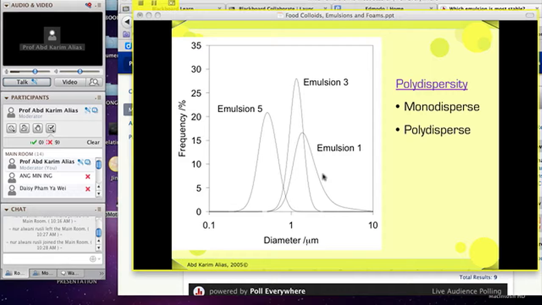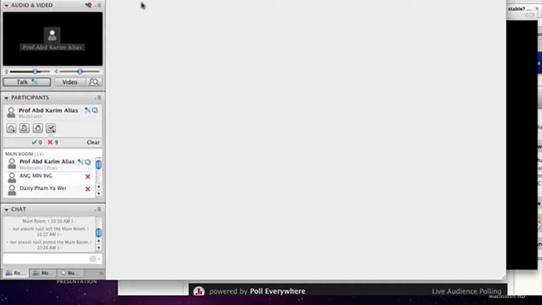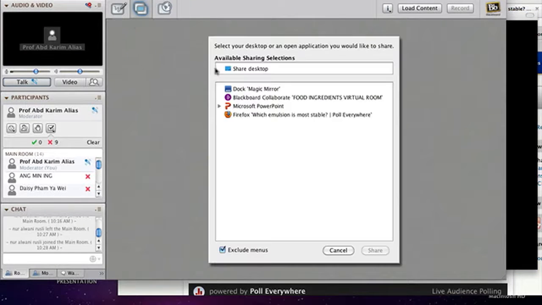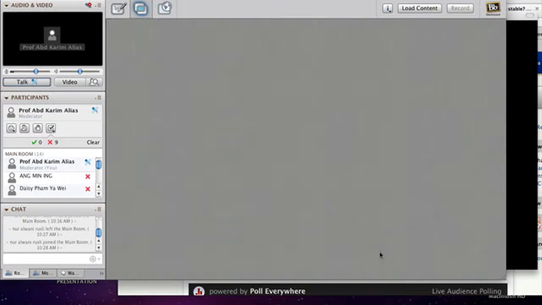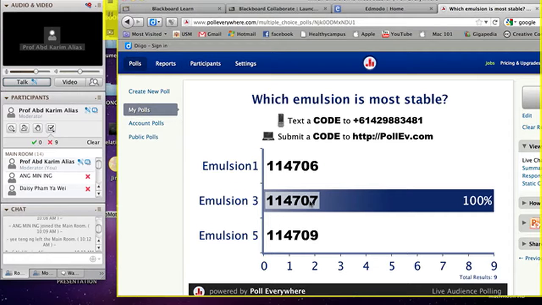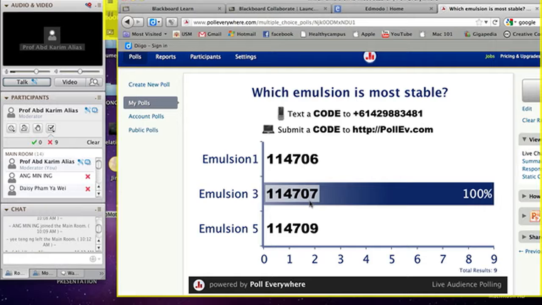Okay, so I would like to switch back very quickly to the web page and see what we got. Okay, so 9 students have submitted their answer, and we have 100% of students saying emulsion 3 is the most stable.